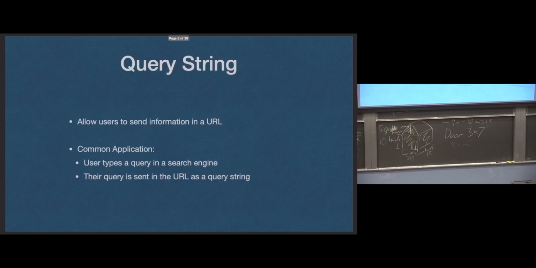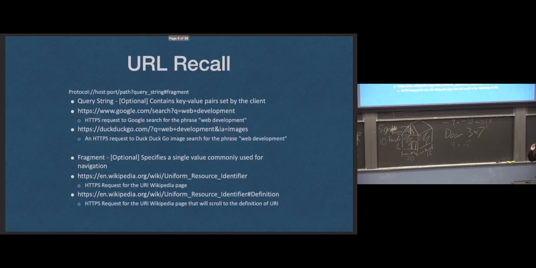So let's talk about query strings, which I mentioned in a few different lectures, but let's get a little more into the details of it. A query string is going to be part of the URL. And remember, this is the same exact slide I had before. It's going to be anything after a question mark and before a hashtag.